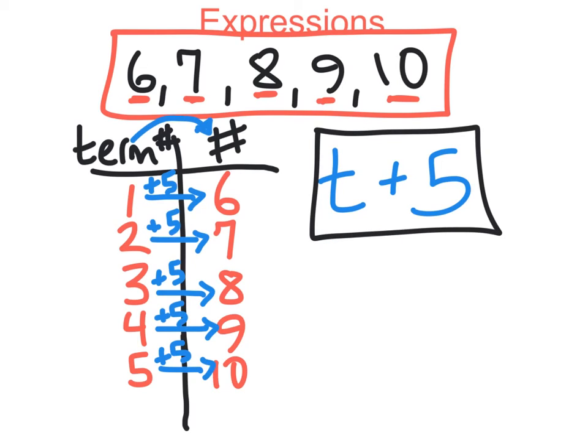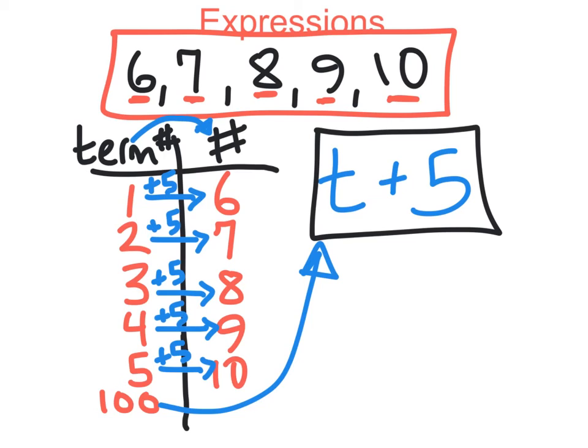And that's great, because if I asked you, well, what would be the number in the 100th term? Wow. Well, instead of making a really long table or writing this out, that's a lot of numbers to write out. If our term is 100, we can substitute that for t.